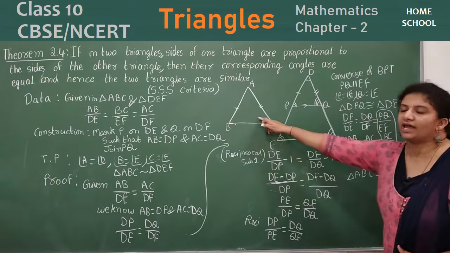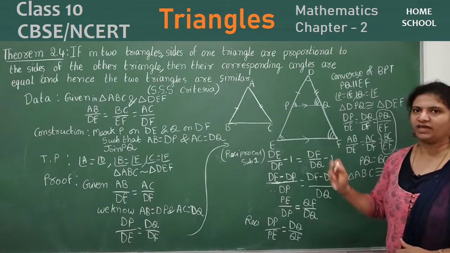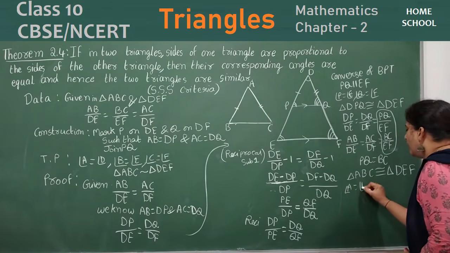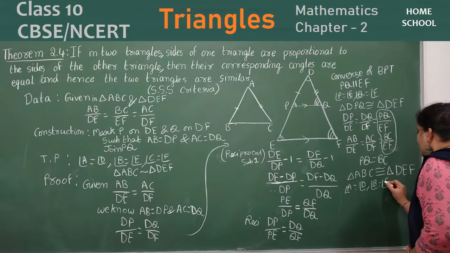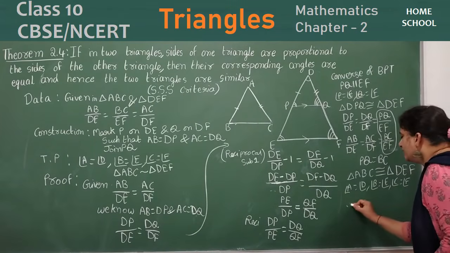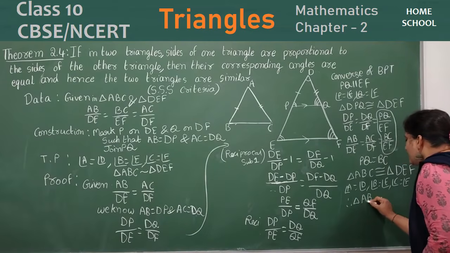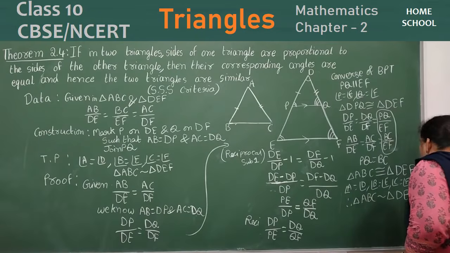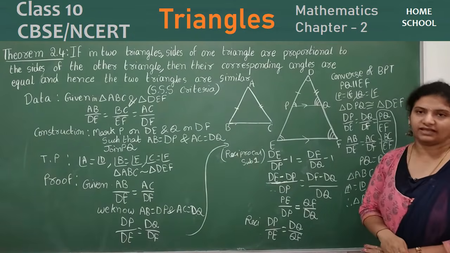When these two triangles are congruent, then the corresponding angles must be equal. That makes angle A equal to angle D, angle B equal to angle E, and angle C equal to angle F. Therefore, the two triangles ABC and DEF are similar. This is your SSS criterion, children.